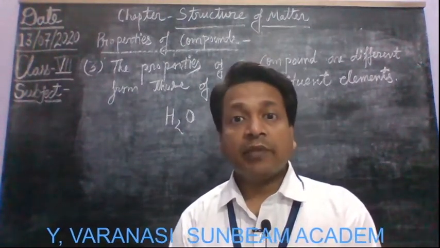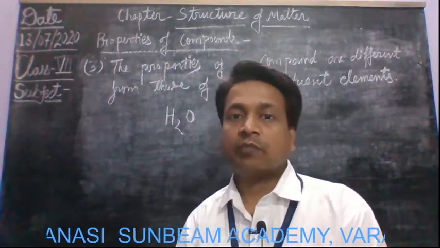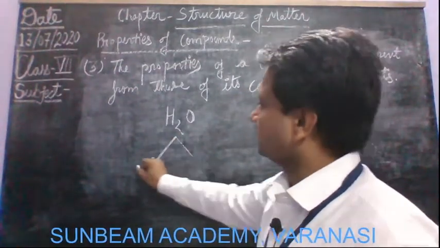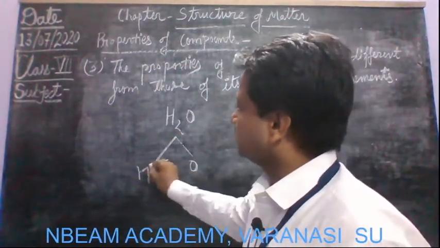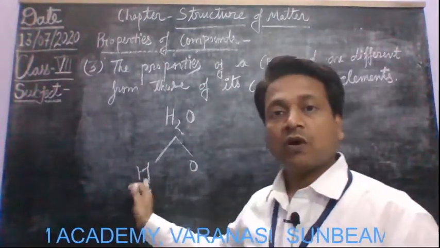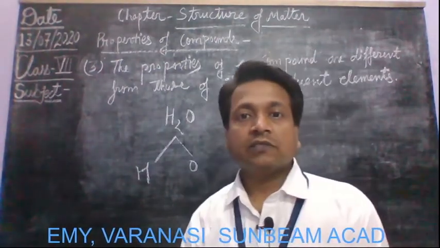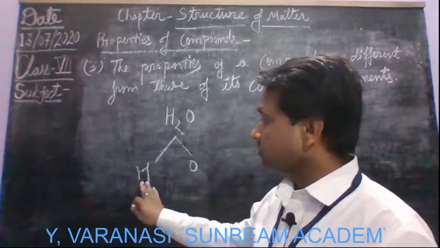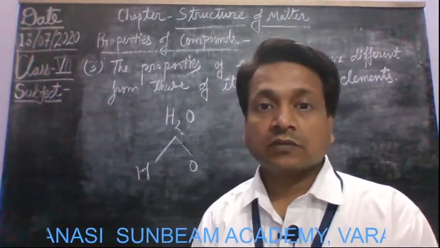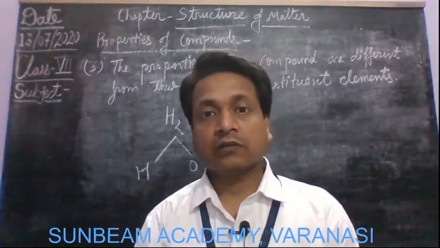But the elements by which it is made up of have different properties. It is made up of two different elements, hydrogen and oxygen. Hydrogen is found in gaseous state, oxygen is also found in gaseous state. Hydrogen is a combustible gas, whereas oxygen supports burning.